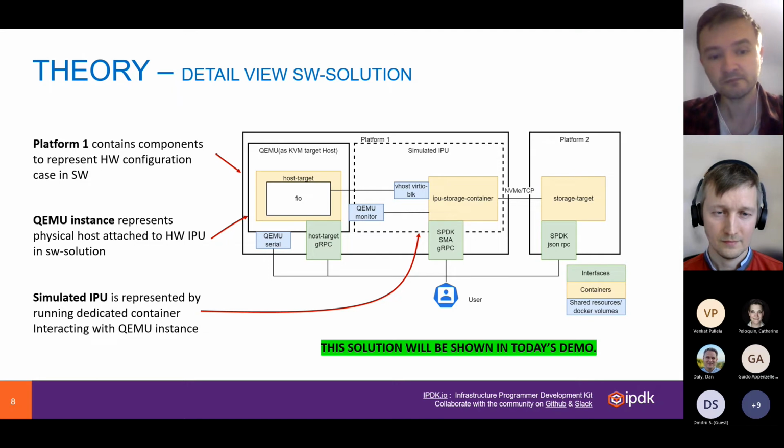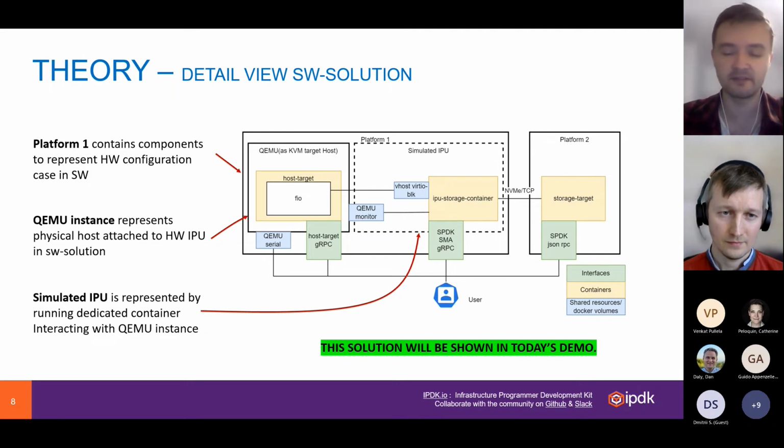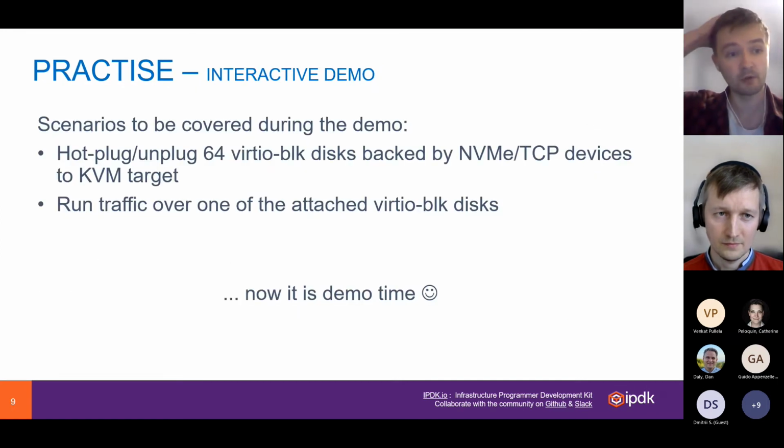This solution will be shown in today's demo. What I'm going to demonstrate is: let's try to create 64 virtio-blk disks, run traffic over a disk, and then try to hot unplug them. And now it's demo time.